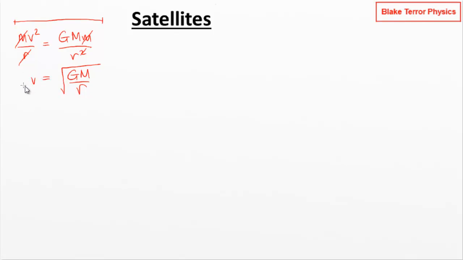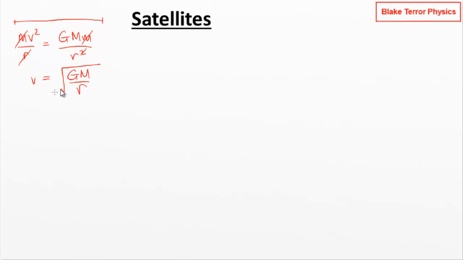We need a specific value of the orbital speed in order to have a stable orbit at radius r. And you'll notice that this is independent of the mass of the satellite. So every satellite that's in a stable orbit at, say, an altitude of 500 kilometers above the Earth's surface will be traveling at the same speed. So it is mass independent.